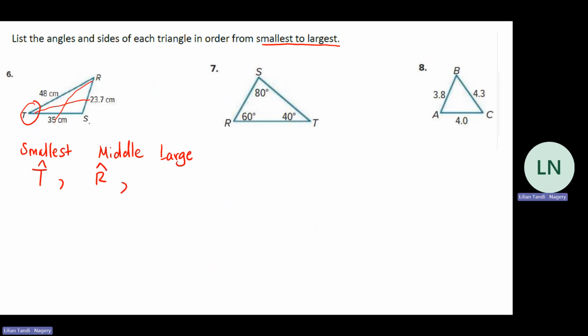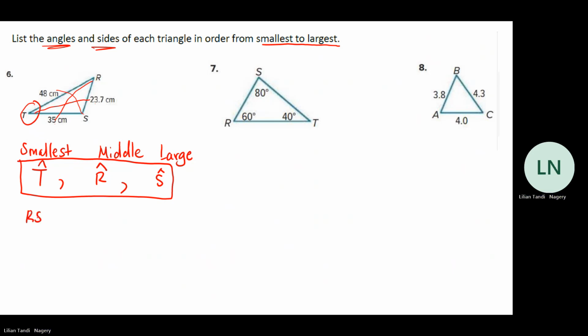And then the other, S, is opposite the biggest, 40, angle S. So we have answered for angles. Now we want to do the sides. The shortest side is RS. After RS is 35, TS. After TS is TR. And we box our answer, just like that.